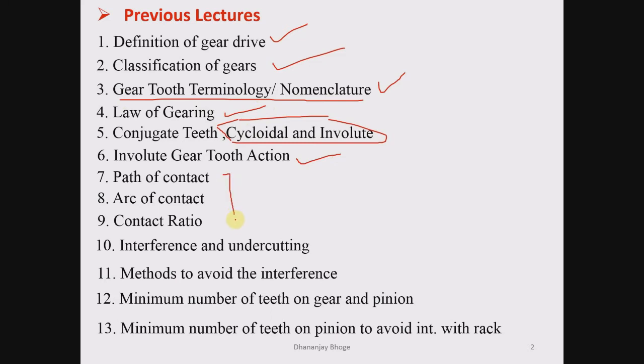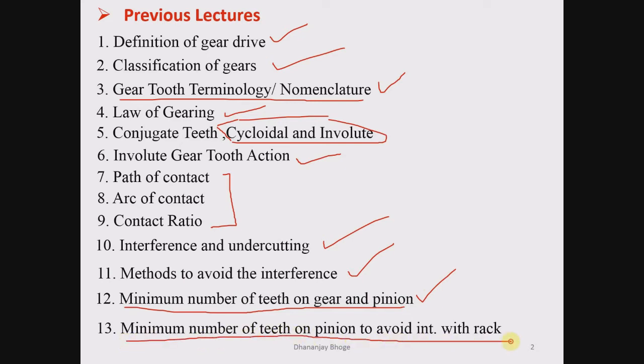Then we have derived the equation for path of contact, arc of contact, and contact ratio. We have seen the phenomenon of interference and undercutting. We have studied the methods to avoid the interference. One of the methods to avoid the interference is to select minimum number of teeth on gear and pinion. So we have derived the equation to find out the minimum number of teeth on gear and pinion, as well as minimum number of teeth on pinion to avoid interference with rack. Okay.